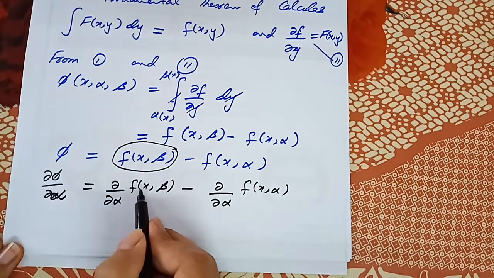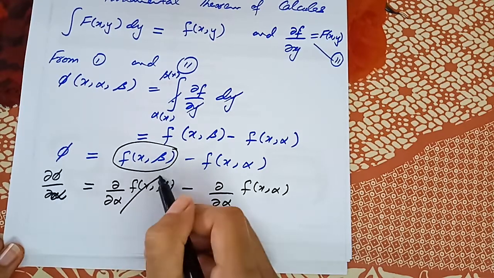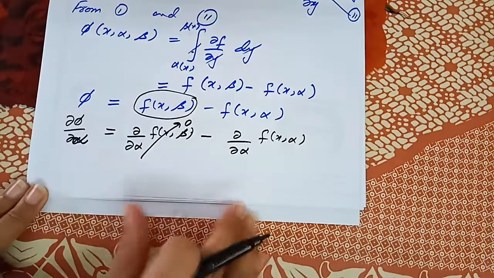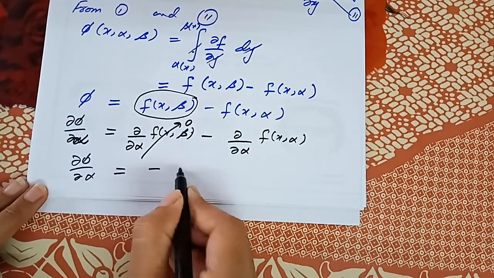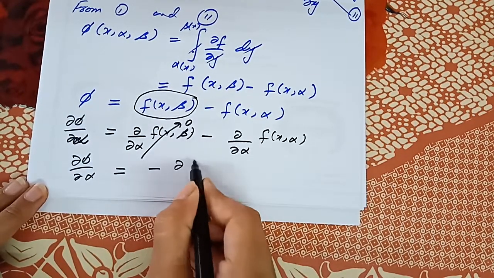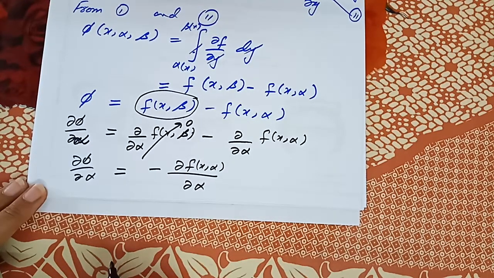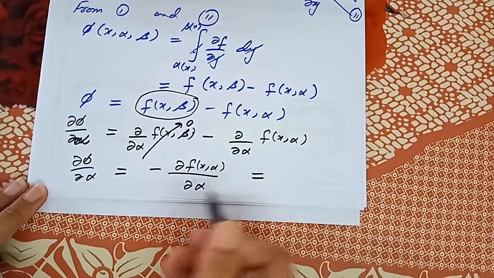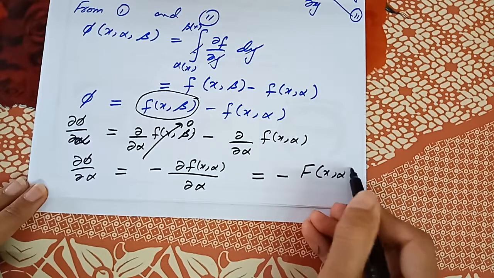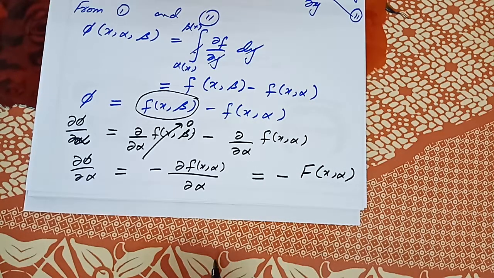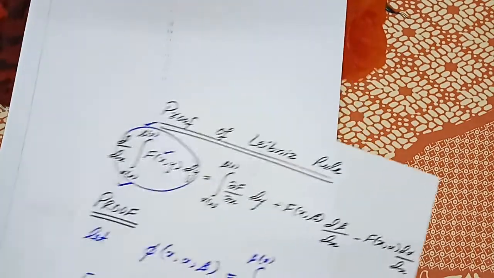You can see that f of x, beta is a function of x and beta only, so its derivative with respect to alpha is 0. So partial phi over partial alpha equals minus partial f of x, alpha over partial alpha, which is basically equal to negative capital F of x, alpha by the fundamental theorem of calculus. Now, let's move on.